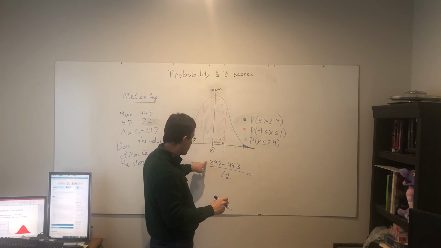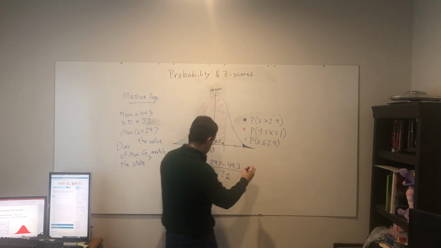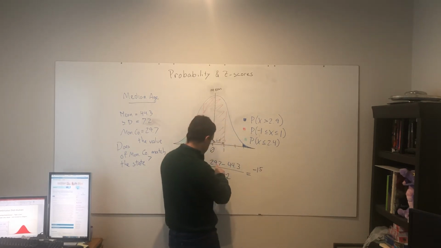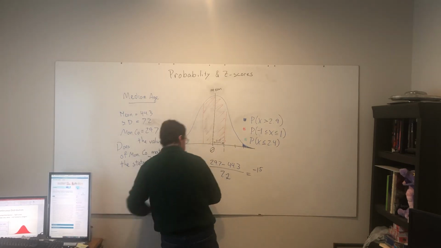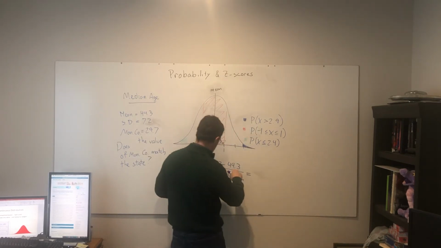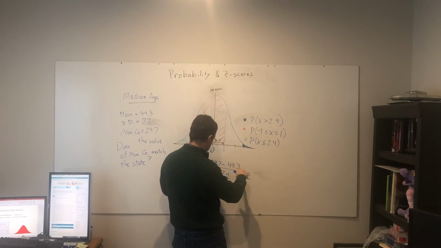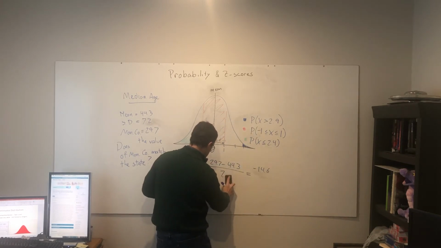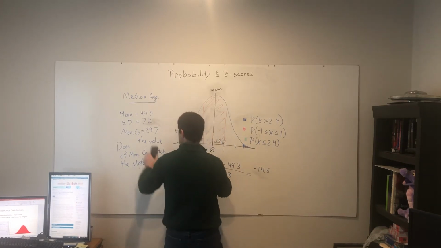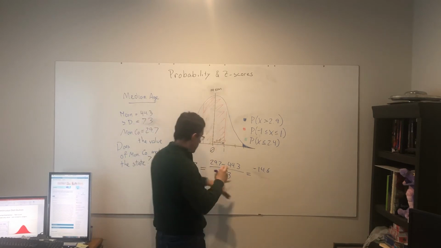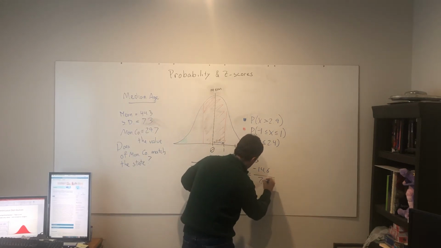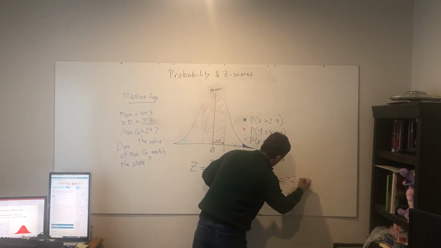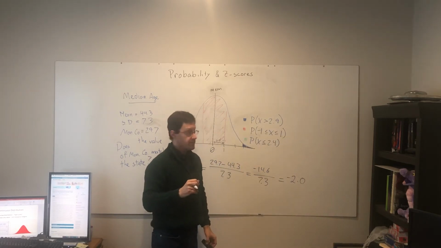This is then going to be negative 14.6. To make life easier, I'll turn this into 7.3. Divide by that standard deviation, and I get a z-score of -2.